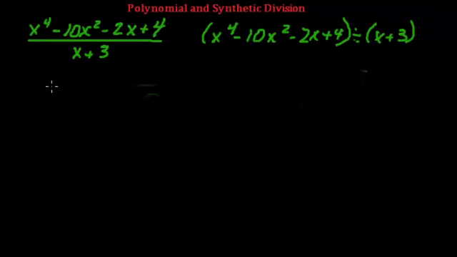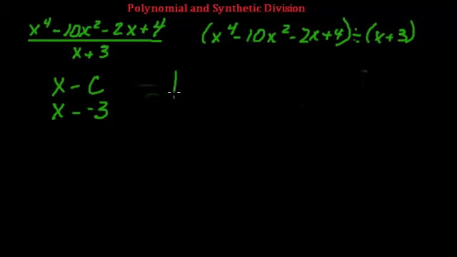For synthetic division, our divisor must be in x minus c form. Ours is not. We've got x plus 3, but we can write it as x minus a negative 3, which would put it in x minus c form.